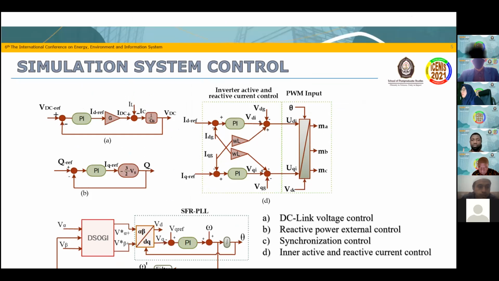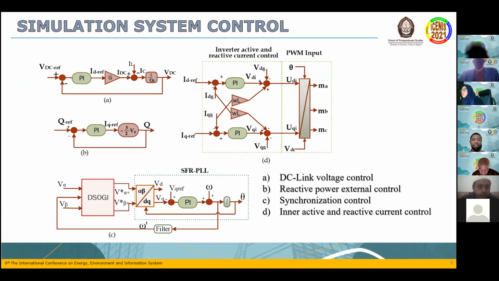The control system is implemented with a PI controller. The DC link control generates the D-axis reference current to inject active power into the grid with the help of the inverter, while the external reactive power control generates the Q-axis reference current to inject reactive power into the grid.